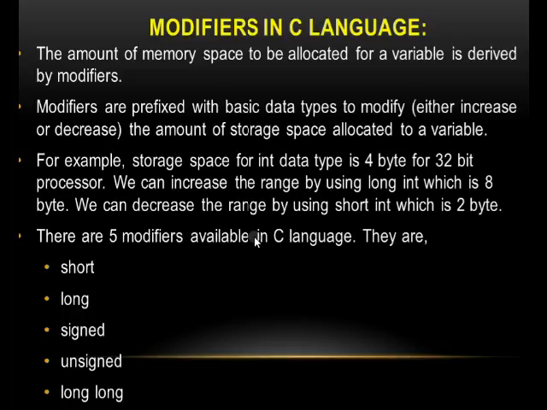The signed keyword accepts both negative and positive values, and this is the default property or data type modifier for every data type. Next is unsigned. This is used to make a data type accept only positive values. So that's all. These are the basic modifiers. I hope you have understood.